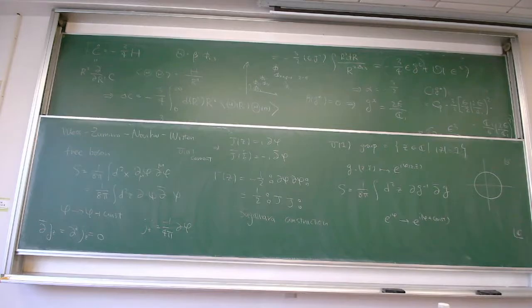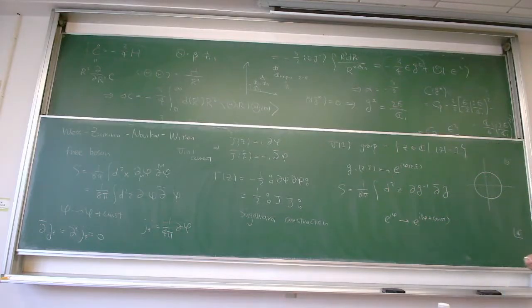Question: does the range of the map g include the origin point? I don't understand the question. What do you mean? The range of the map includes the origin? This g?